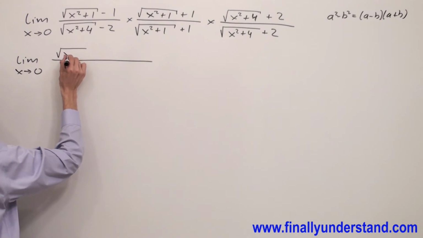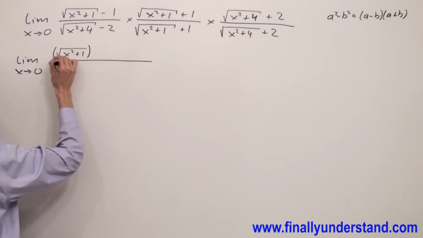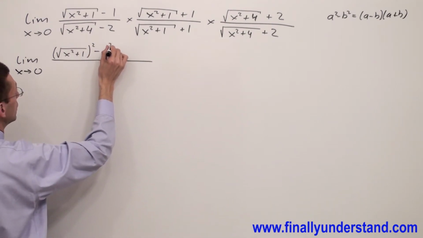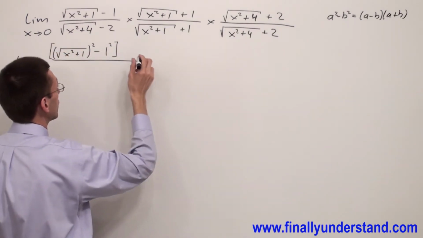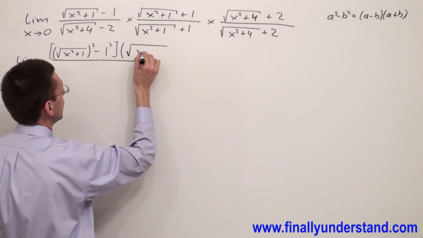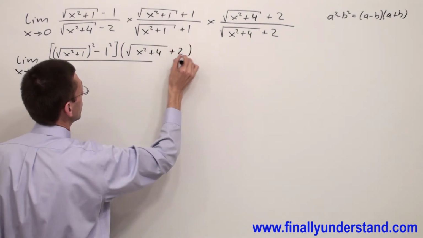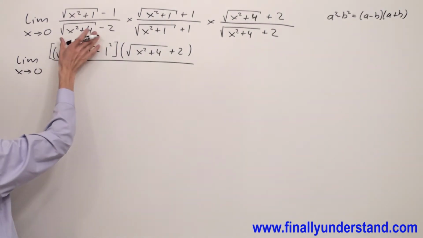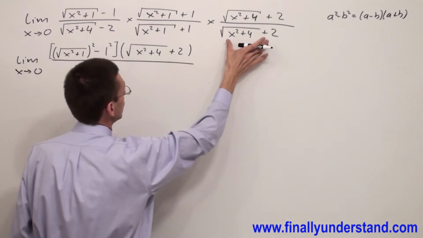Square root of x squared plus 1 to the second power minus 1 to the second power times whatever is left. I have square root of x squared plus 4 plus 2. When it comes to the denominator, I'm going to use this term and this one.